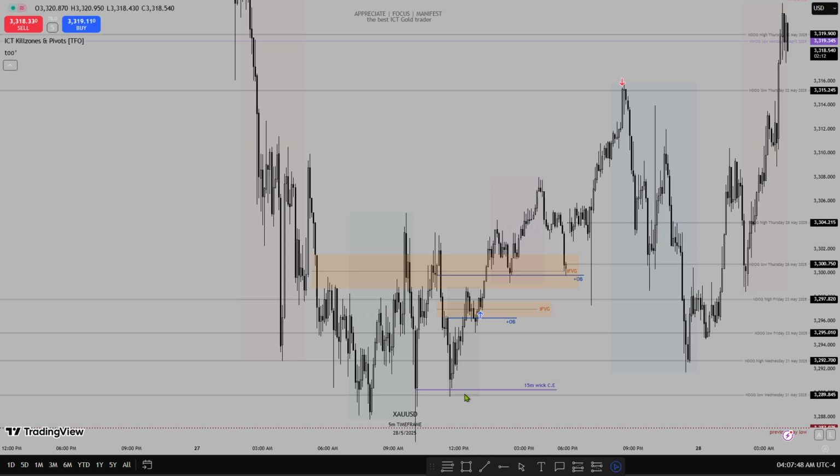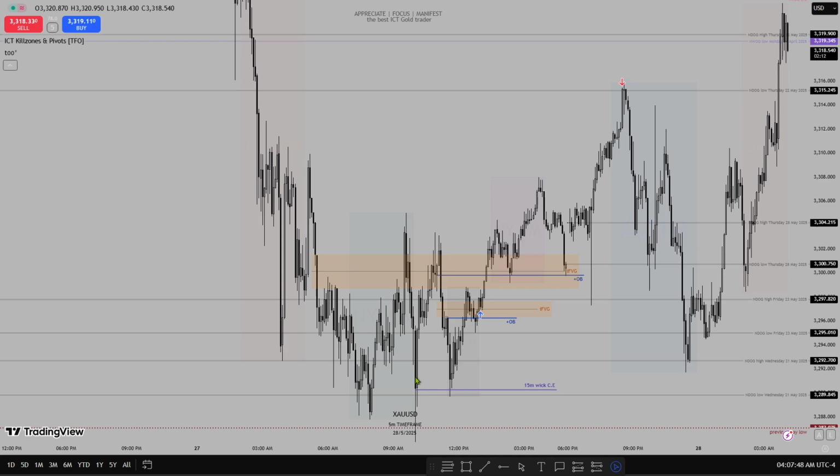And then again, one thing I wanted to share regarding rejection blocks is that they don't care if it's a good rejection block. If the rejection block took out session liquidity and your bias is in line with that, if it's a bullish rejection block and your bias is in line with that, then it doesn't matter what time of day the rejection block gets traded to.